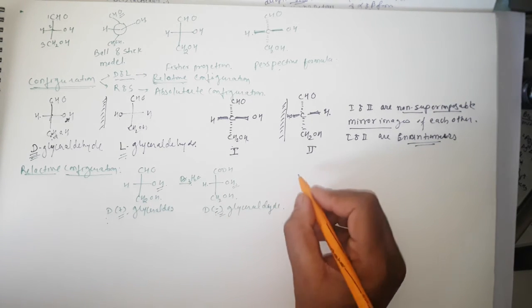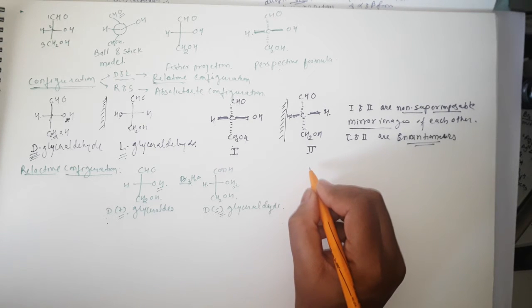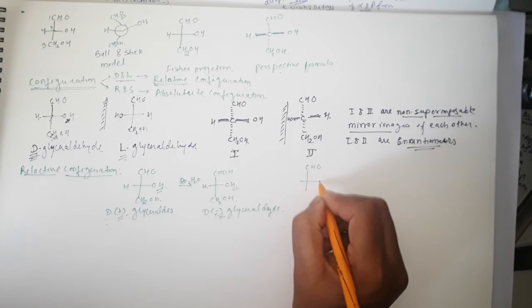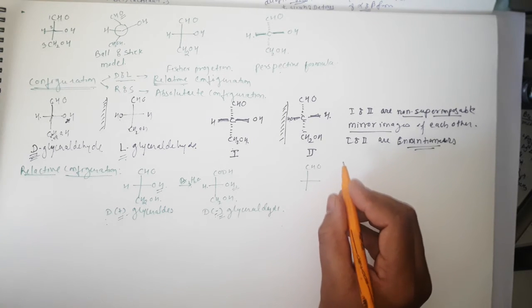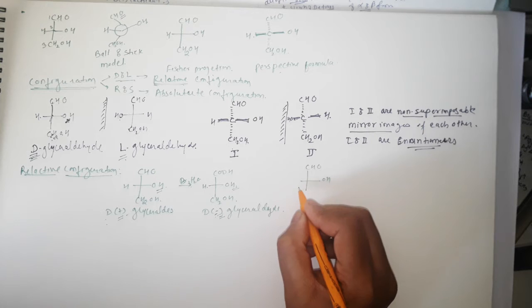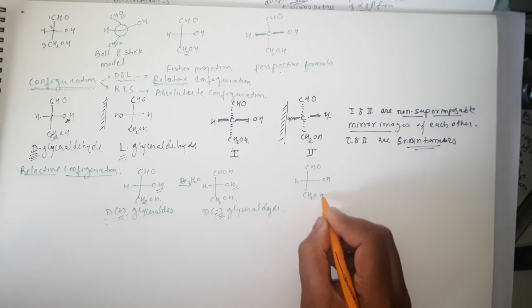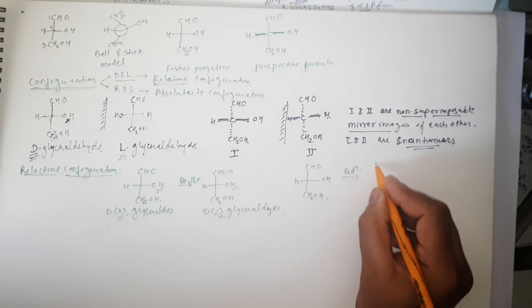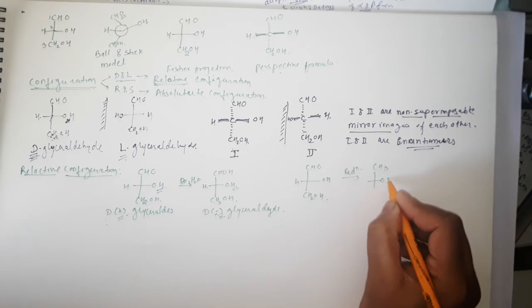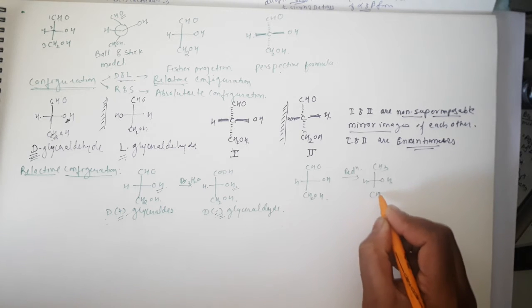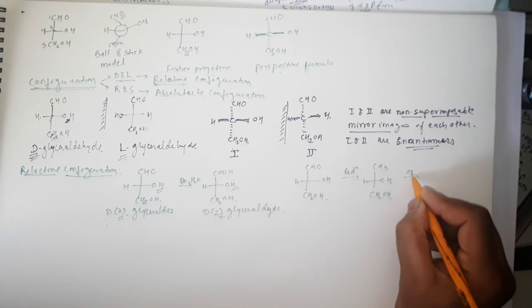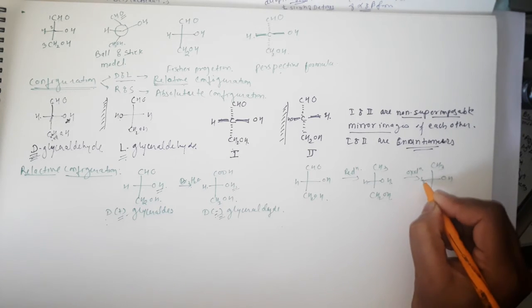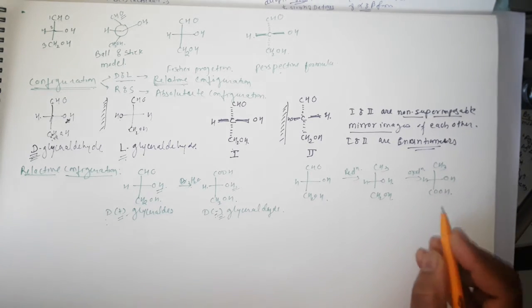If we take another example, suppose lactic acid or glyceraldehyde, on reduction, first we have to reduce it, CH3, OH, H, CH2OH, and then oxidize, CH3, OH, H, COOH.